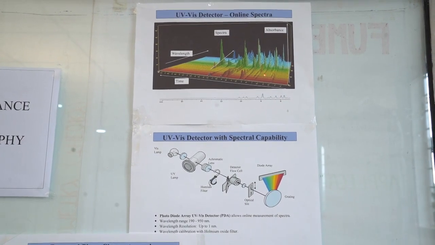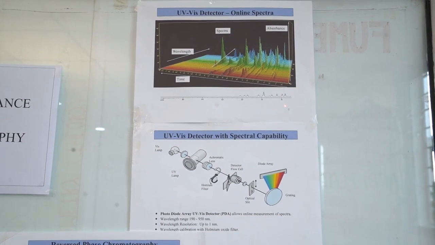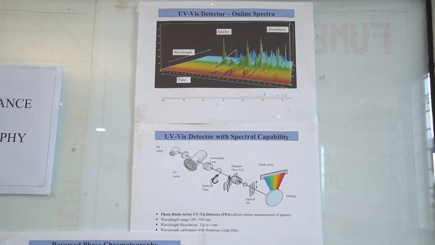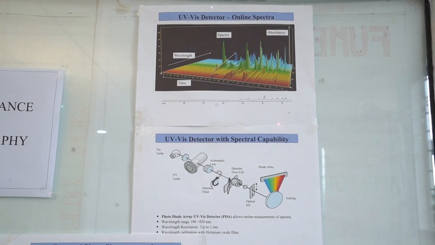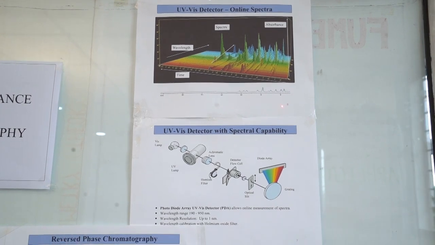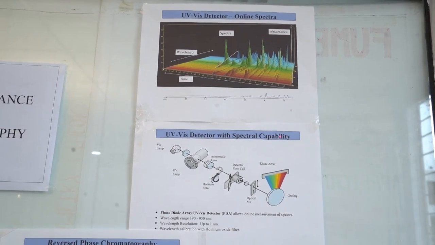As each analyte elutes out along with the chromatographic peak, we can also view the UV spectral pattern of the analyte.